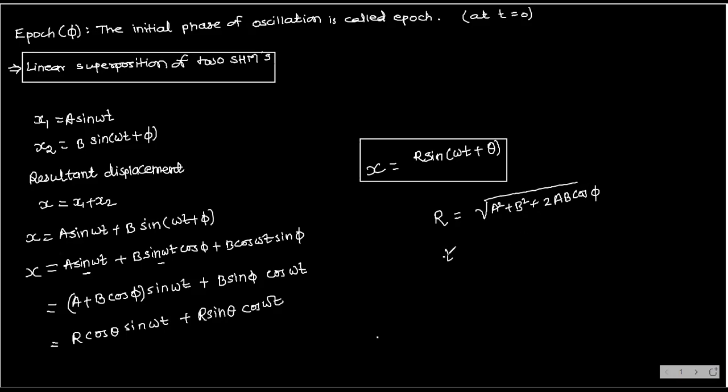And if I want the direction of the resultant, same like the parallelogram, tan theta is equal to B sin phi divided by A plus B cos phi. Okay, we have just assumed A plus B cos phi as R cos theta and B sin phi as R sin theta. Clear?